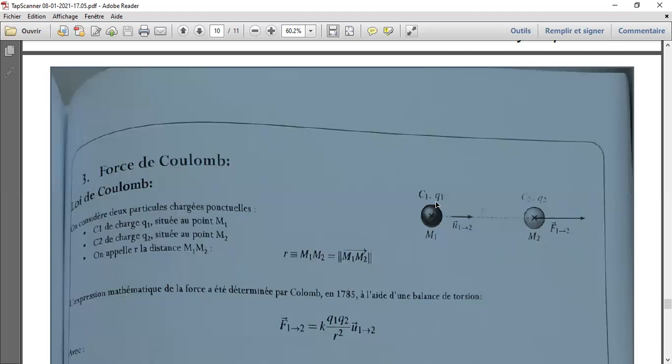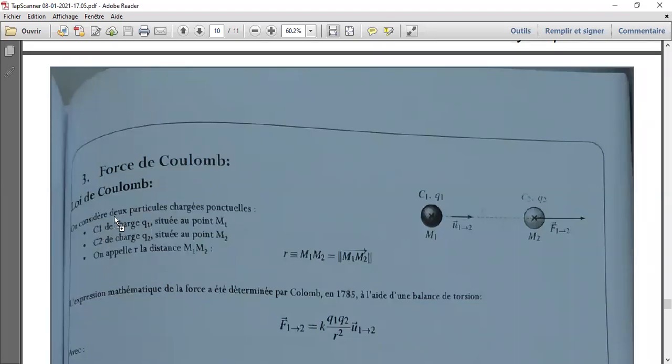If you bring two charged particles together, there will be either an attraction or a repulsion, depending on the signs of Q1 and Q2. In repulsion, the two particles are repelling, like they're separating. So basically, that's what they're talking about.